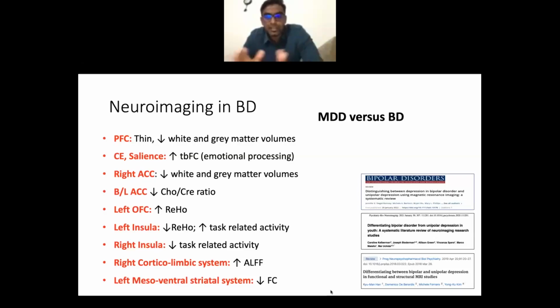The central executive and the salience networks. The central executive network is a frontoparietal network, again a cortical network. Salience is more subcortical. It is the cingulate to insular network, which is more important for understanding of salience. So there it has been seen that when people with bipolar depression are given emotional processing stimuli, whenever they see sad faces or happy faces, there is higher activation and functional connectivity in this area compared to unipolar.